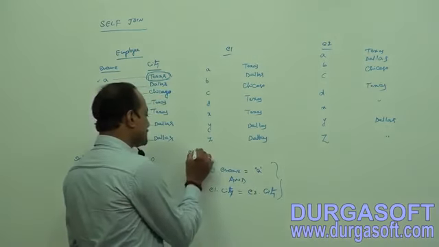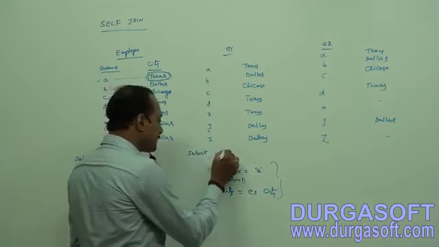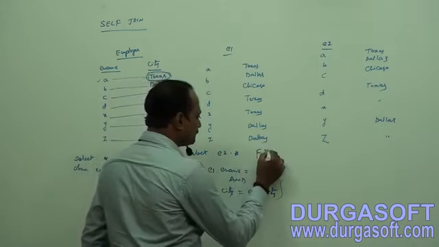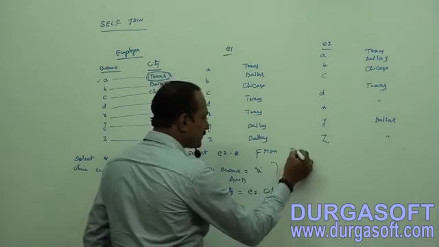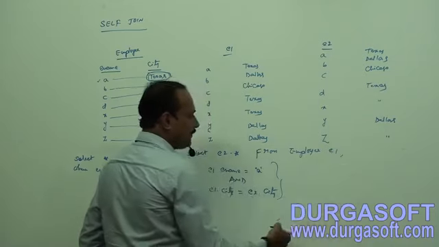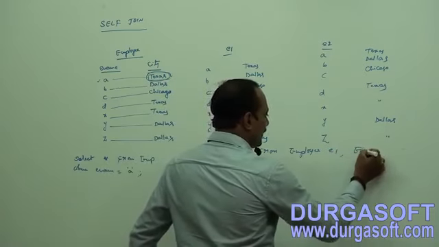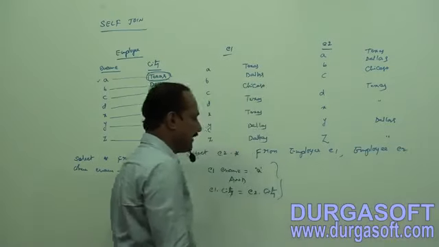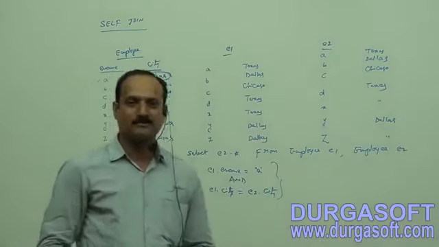Here I am writing select, what do you want? Employee details, E2 dot star from, what are the tables? Employee is a single table, alias name E1. Again I have to consider another alias name E2 for the same table employee. This is the query. Finished.